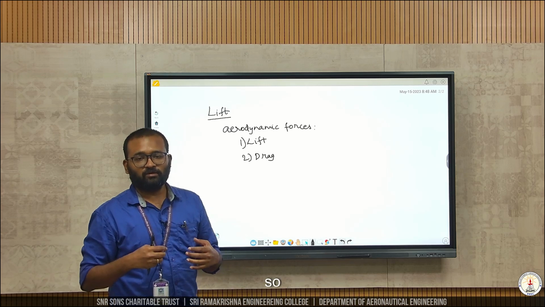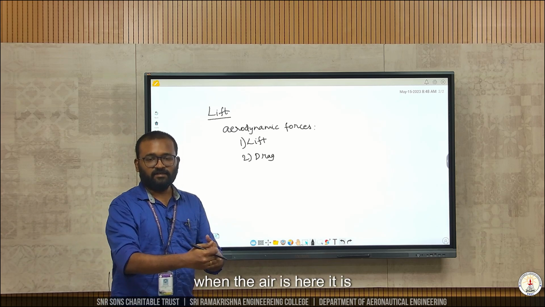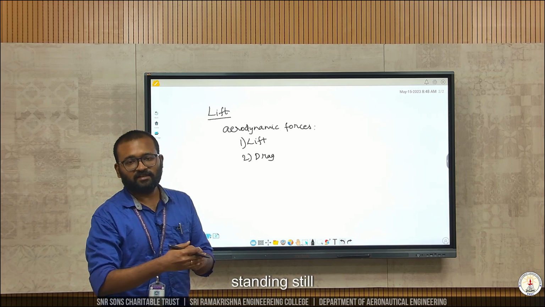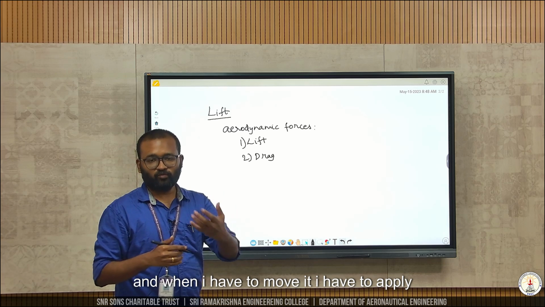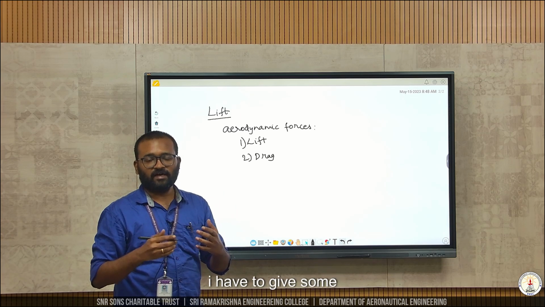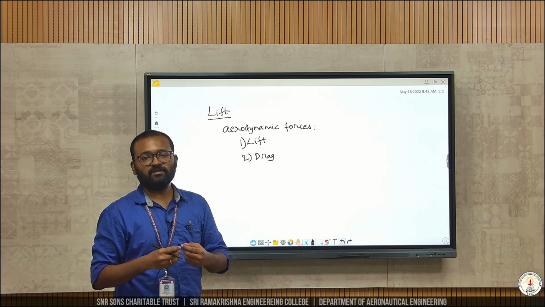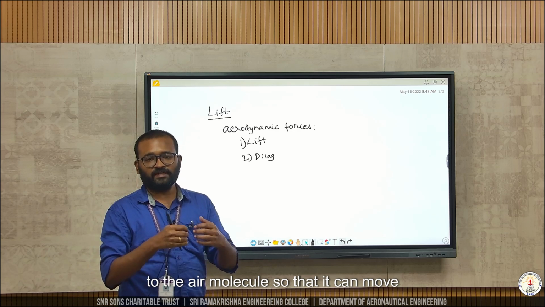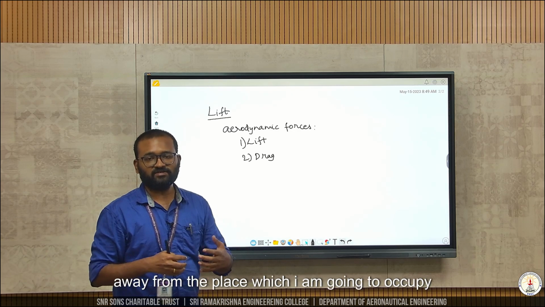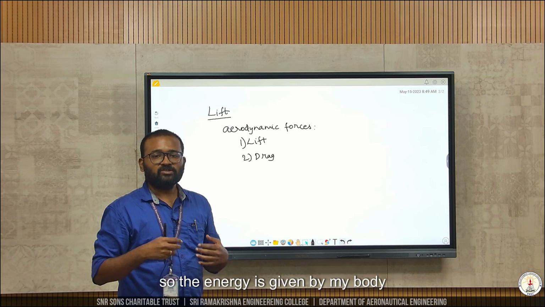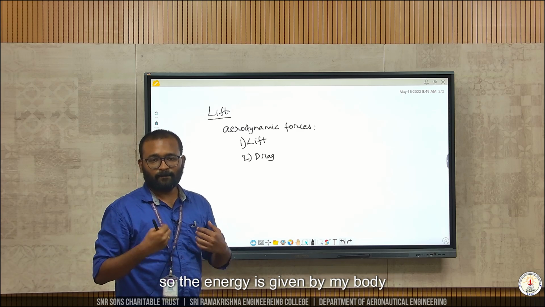When the air is standing still and I have to move it, I have to apply some force, that is, I have to give some energy to the air molecules so that they can move away from the place which I am going to occupy.